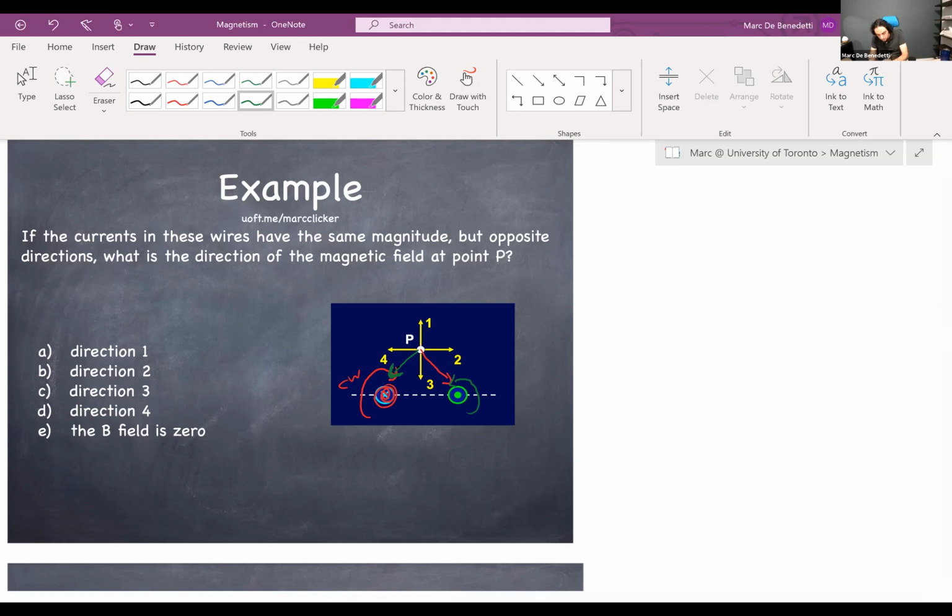And you see here when you vectorially add these 2 vectors, you see how they have perfectly canceling horizontal components, but they have constructively adding vertical components. So your net B field is going to be pointing straight down. So your answer here is actually C.